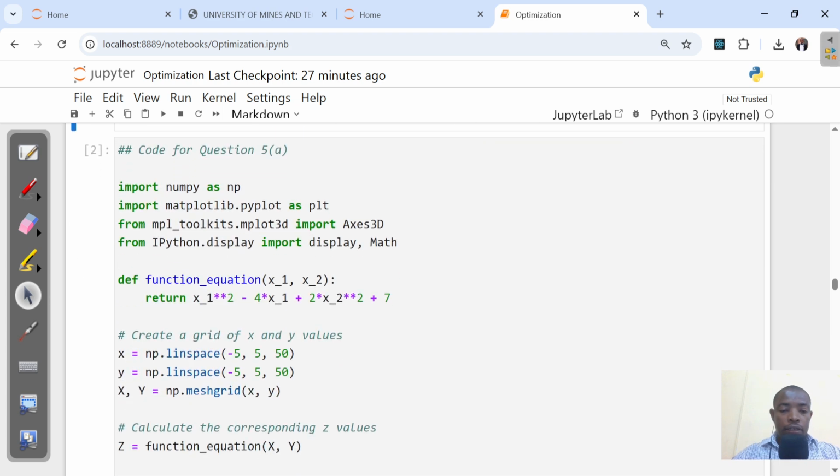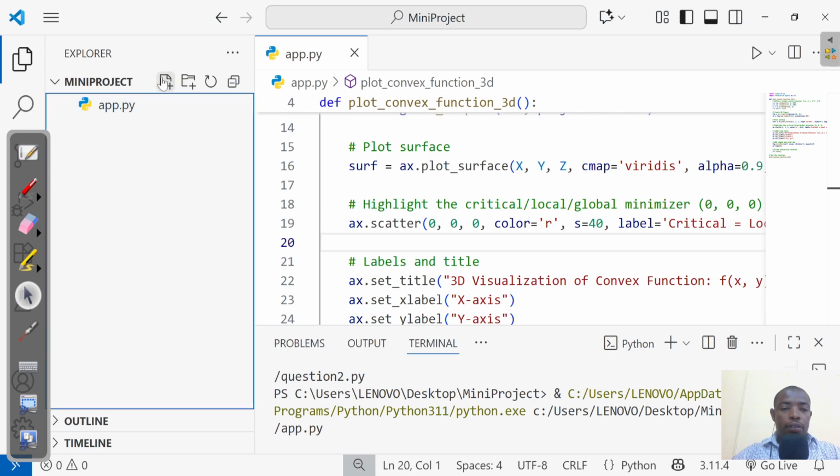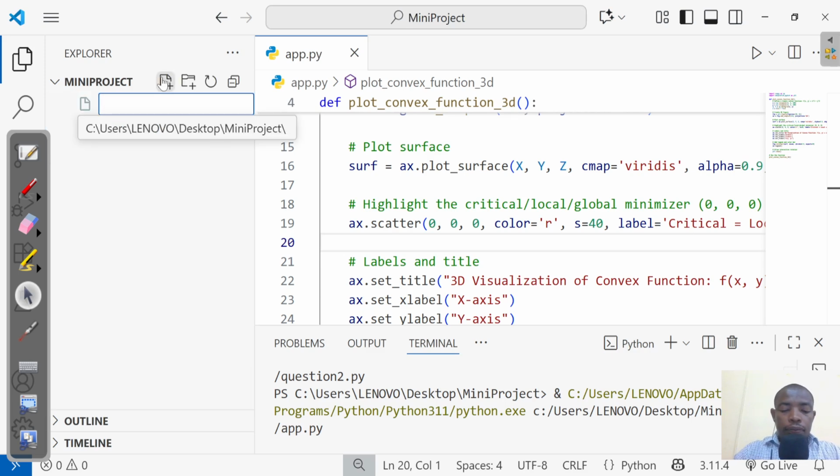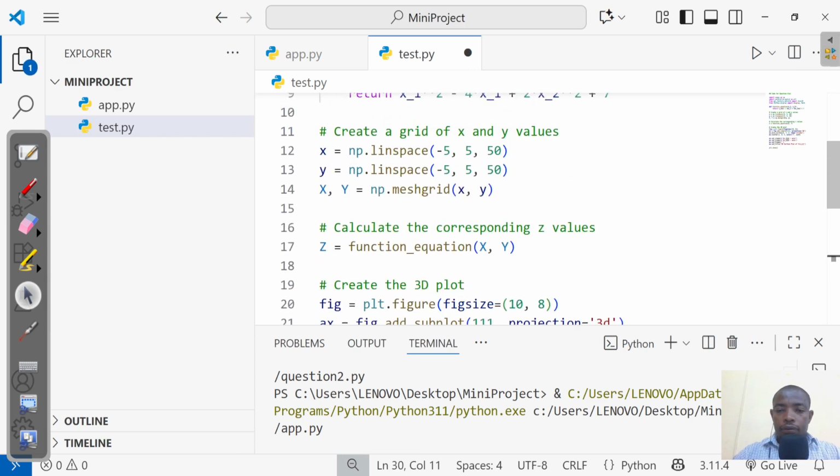Now once again, if I copy this, Control C, Control V, and call this test.py, and put it over here with this code.